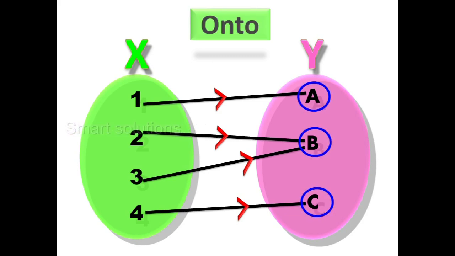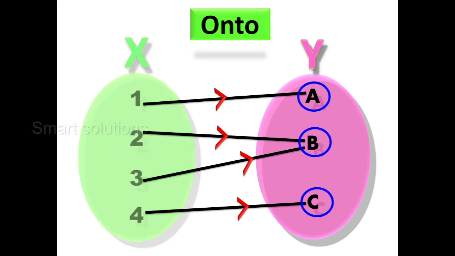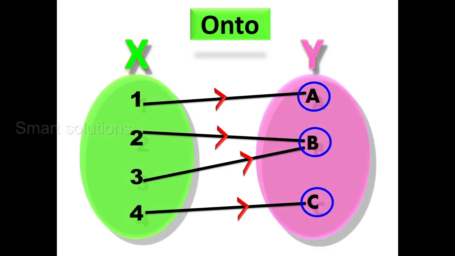A function f from X to Y is said to be an onto function if every element of Y is the image of some element of X under f.